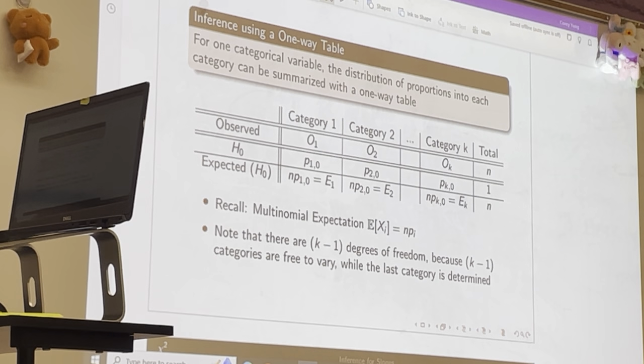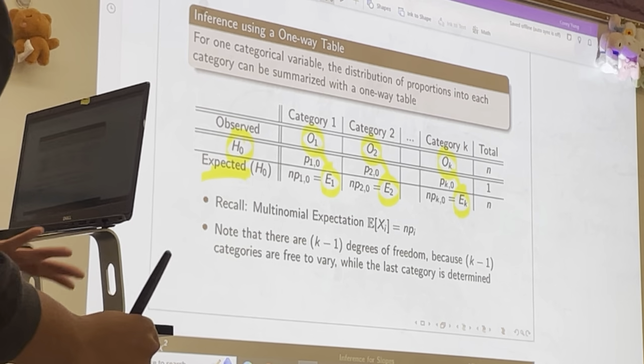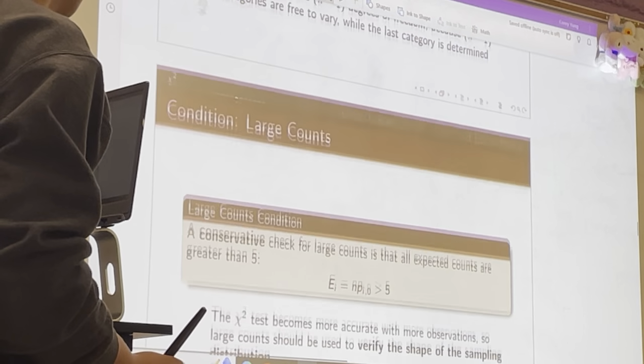So again, the whole purpose of this is that under the null hypothesis, I want to get what I expect the counts to look like under the null so that I could compare my observed counts with the expected counts in that category. And I could do that across all categories so that I could get my test statistic. All right?